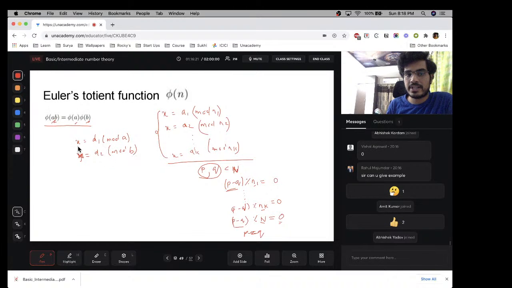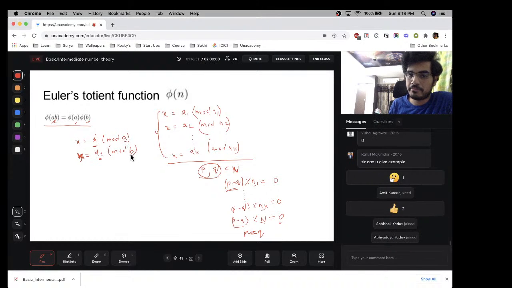This means that, let us say that d1 is coprime to a and d2 is coprime to b, then x is coprime with a, x is also coprime with b, then x will be coprime with a into b.